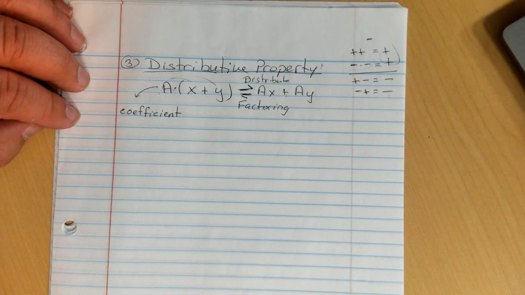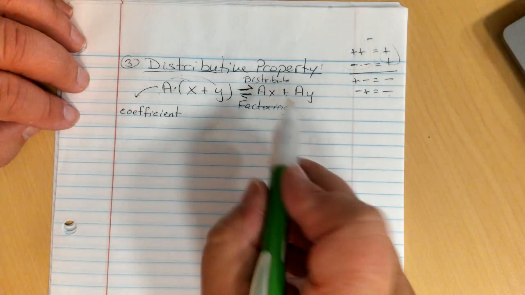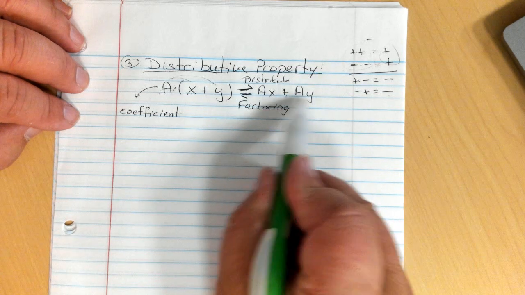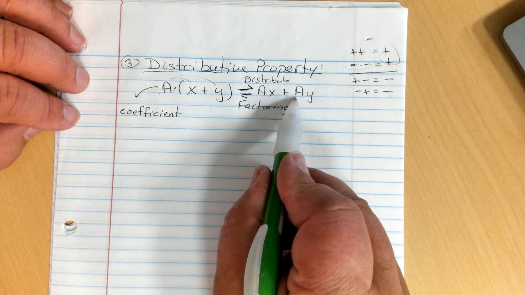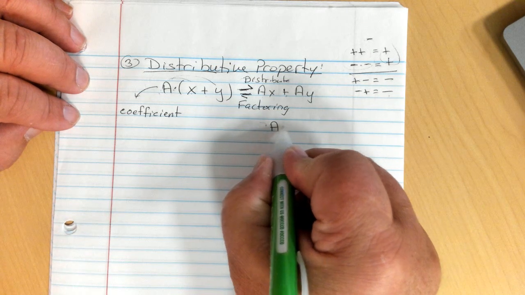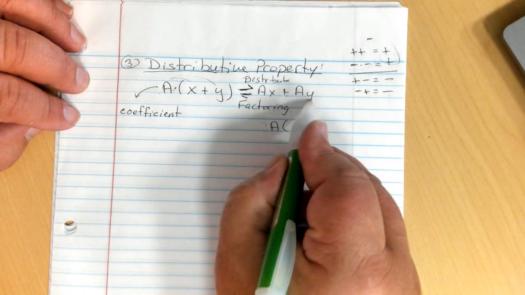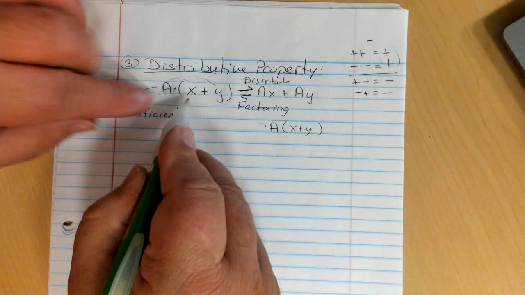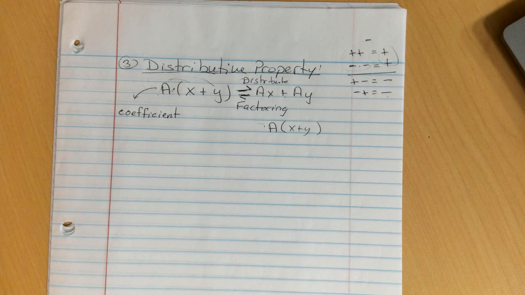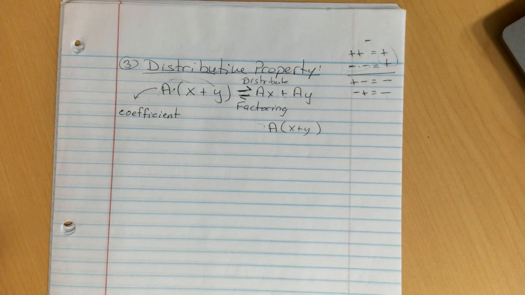What do they both have in common? They both have an A. So if they both have an A, we take out the A, what do we have left? X plus 1, right. So that's what I'm saying. That's why this property is important, because we can separate equations and we can combine equations. That's why this one's pretty powerful.